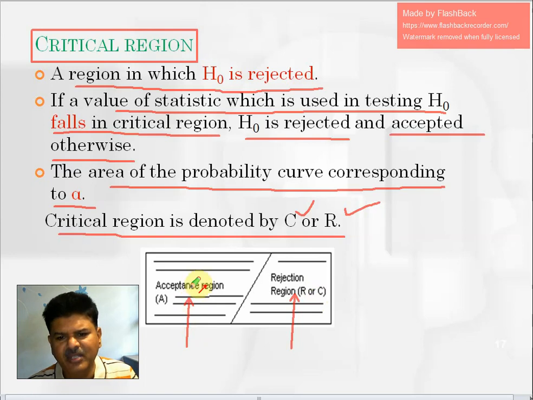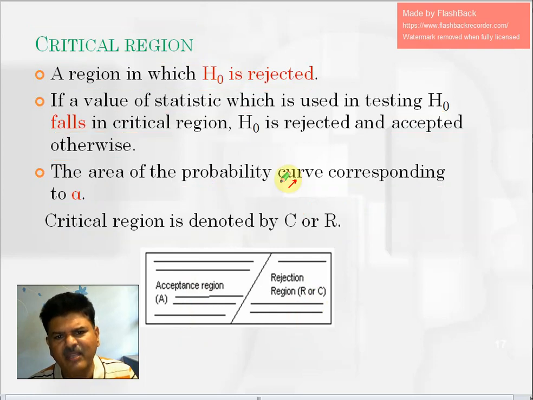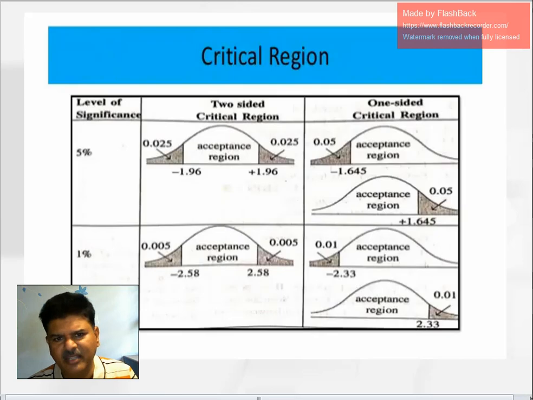So the acceptance or rejection of the null hypothesis depends upon which region the value of the test statistic falls in. If it falls in the critical region or rejection region, we need to reject the null hypothesis.